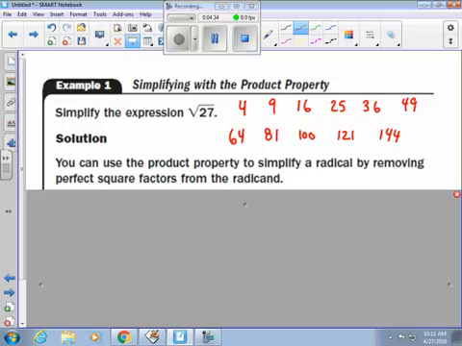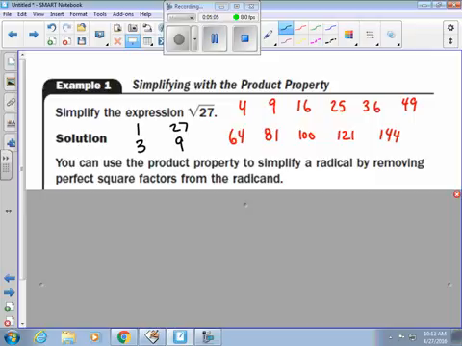What are your factors of the number 27? We know 1 times 27 gives us 27. 2 doesn't go into it. 3 does. What does 3 multiply by? 9. So 3 times 9. 4 doesn't go into it because 4 times 7 is 28. That's right next to 27, so it can't be something else. 4 times 8 is 32. 5 doesn't go into it because it doesn't end in 0 or 5. 6 doesn't go into it because 6 times 5 is 30.